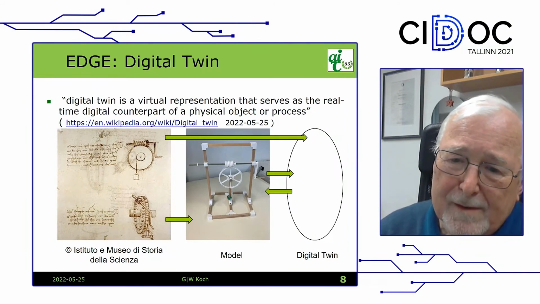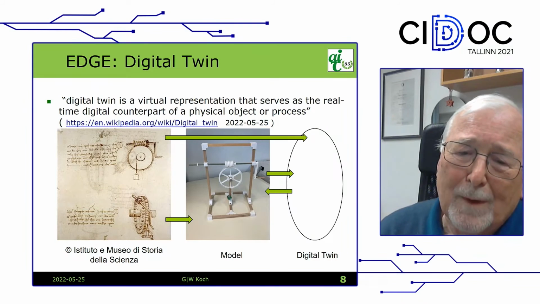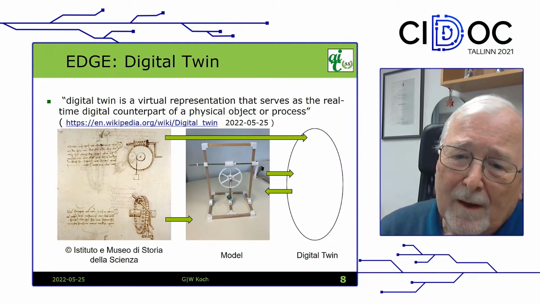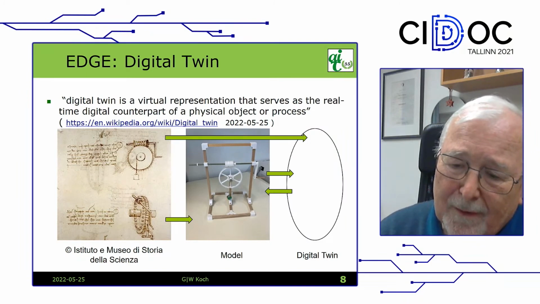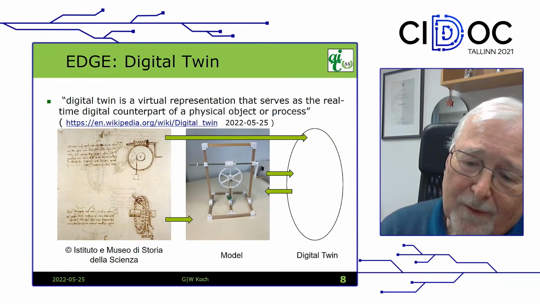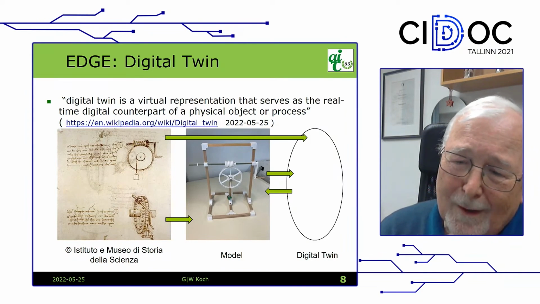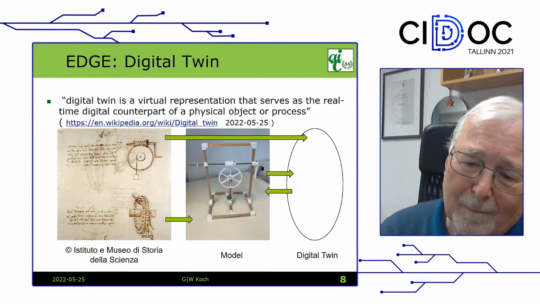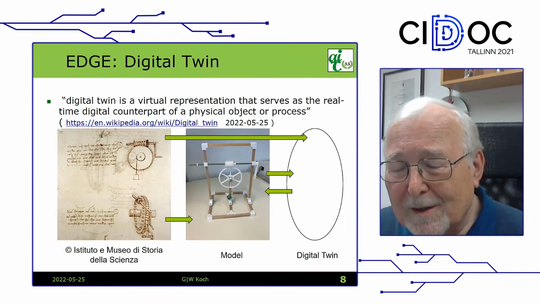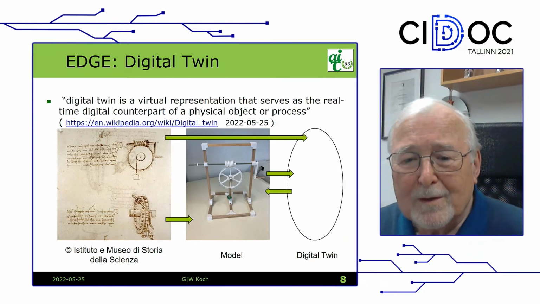And on the digital twin, you can simulate something and send commands back to the real thing. I also have made a small sketch, but it's not time enough here to use this in the medical environment. You can virtualize the patient, and with an endoscope, with a camera, you can look into a patient, and then you can overlay the camera with a virtualization of the human being, for example.